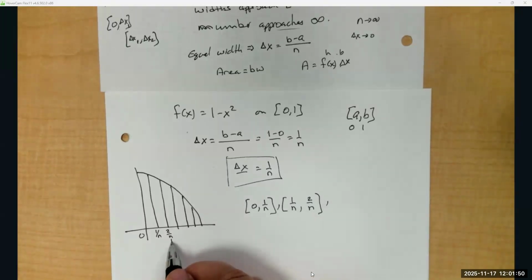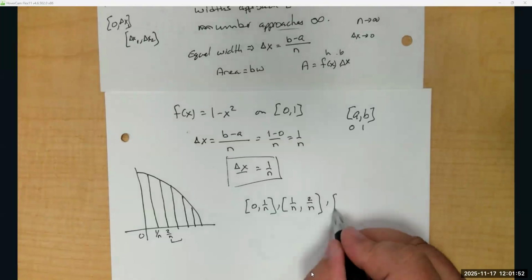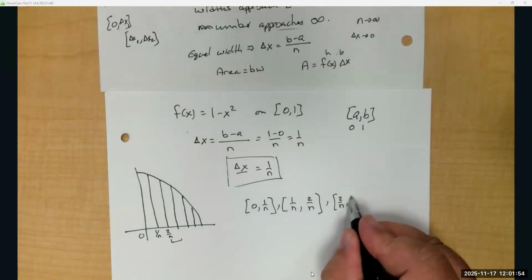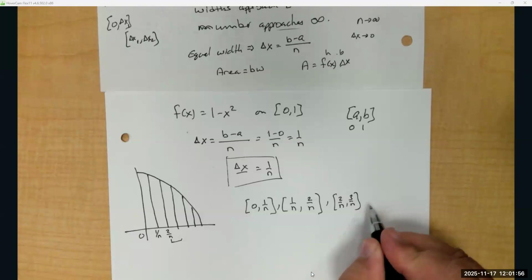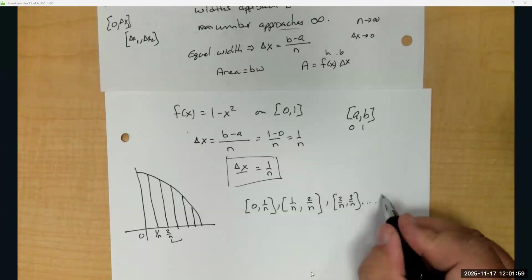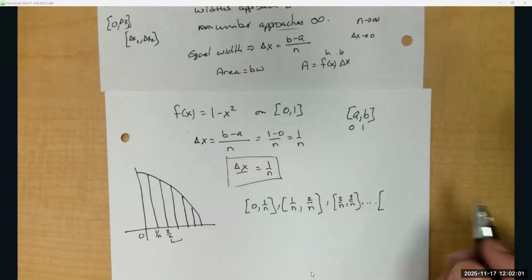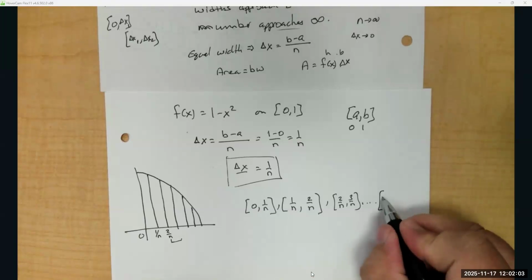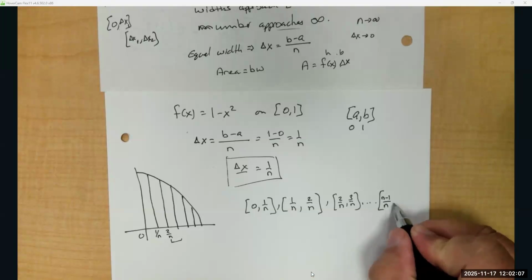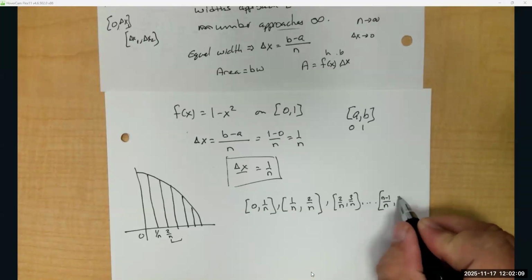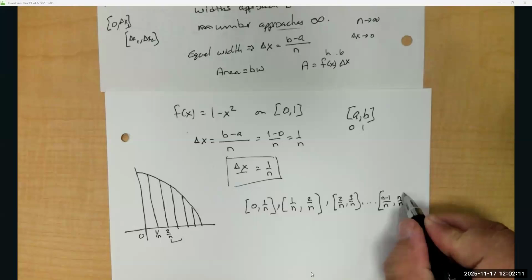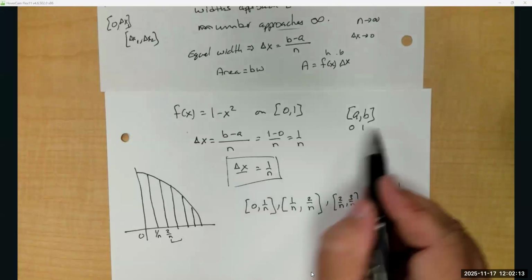The next one starts off at 2 over n and goes to 3 over n. And it keeps on going to n minus 1 over n to n over n, which is 1, which is our endpoint.